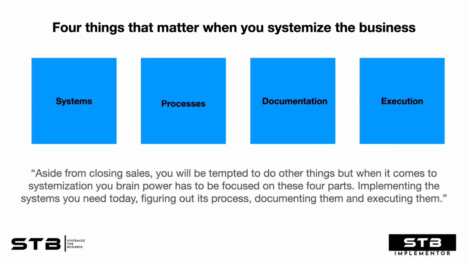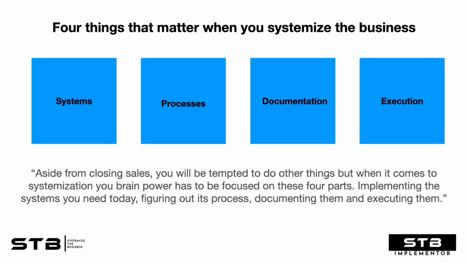Aside from closing sales, which is really important to get sales and cash flow into your business, you will be tempted to do other things. But when it comes to systemization, your brain power has to be focused on these 4 parts: implementing the systems you need today, figuring out its processes, documenting them, and executing them. These are the 4 things you need to keep in mind as you go through this journey.